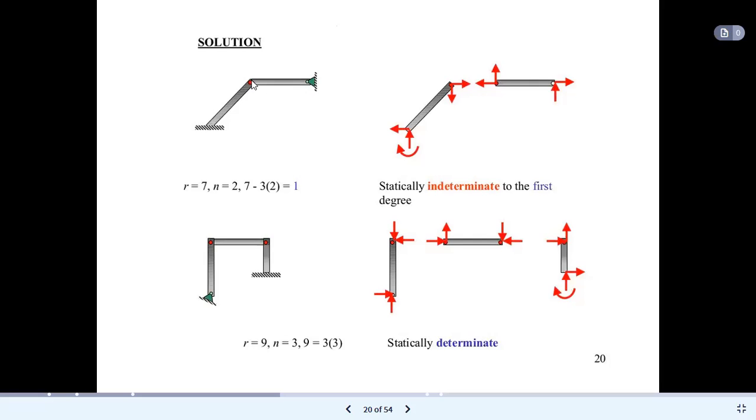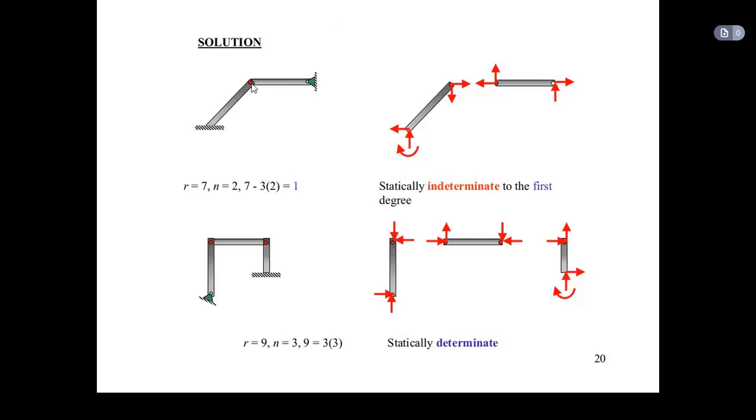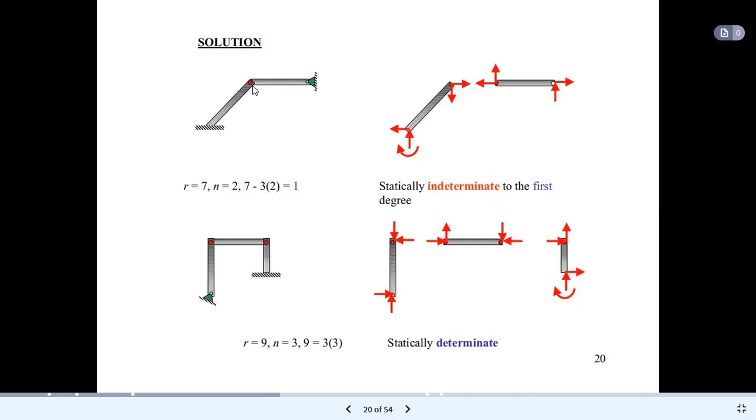So how many forces will be there in case of a pin? You just have to see. The diagram may be incorrect, but you just have to see: can it rotate clockwise or anti-clockwise? Can it move in the horizontal direction?